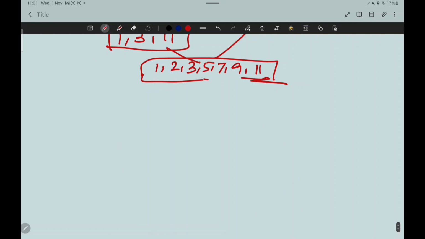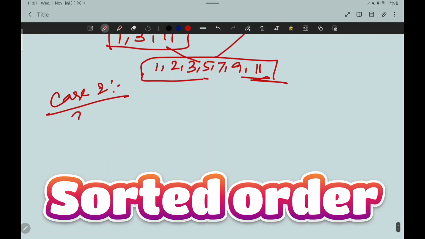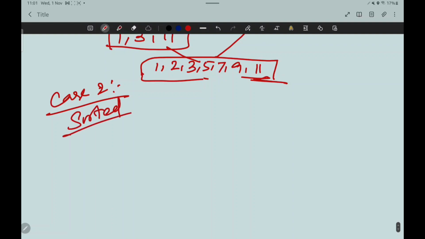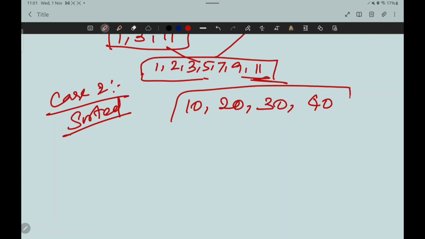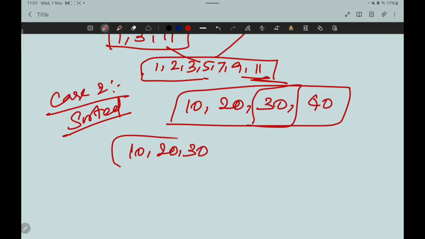So, the case may differ. Suppose the list is given in sorted order, we shall take the second case. If the list of elements is in sorted order, here it is in increasing order, 10, 20, 30, 40.